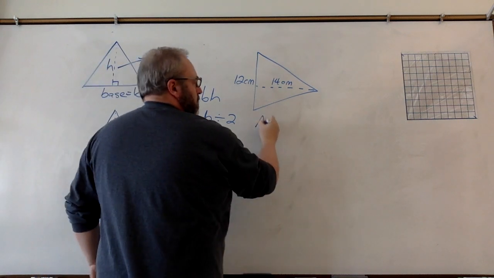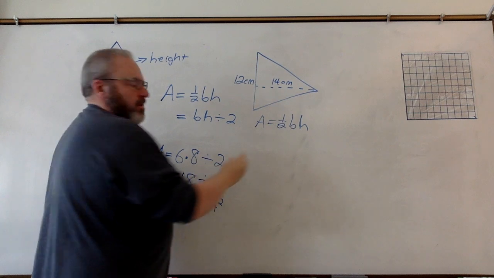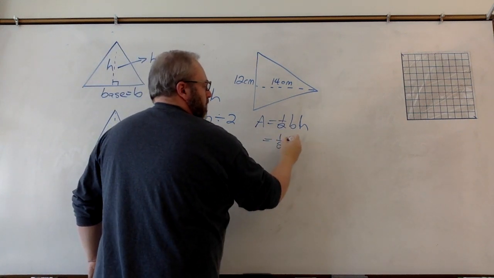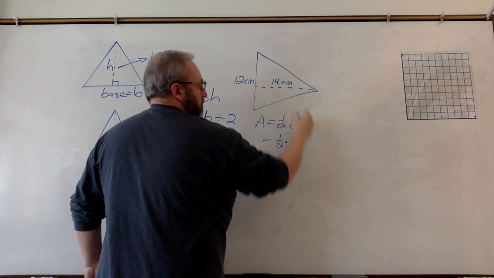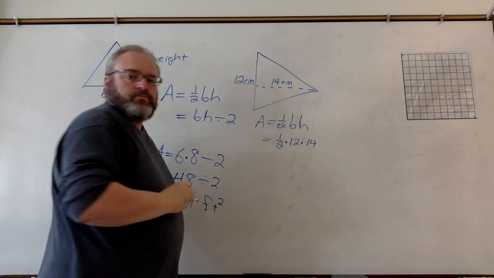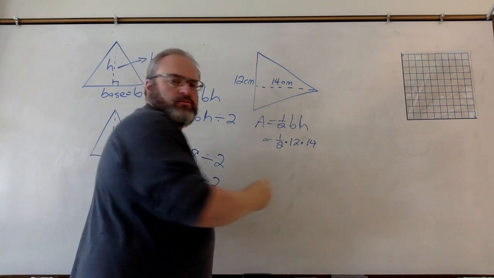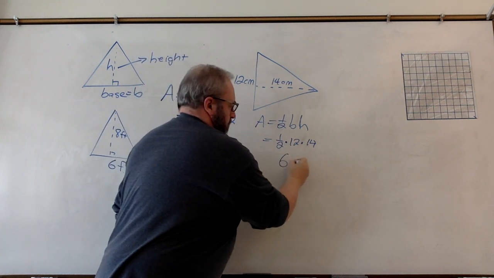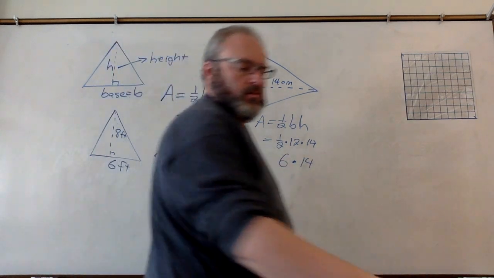So, the area equals 1/2 base times height, 1/2 the base times the height. So 1/2 times 12. What's half of 12? 6. So 6 times 14.